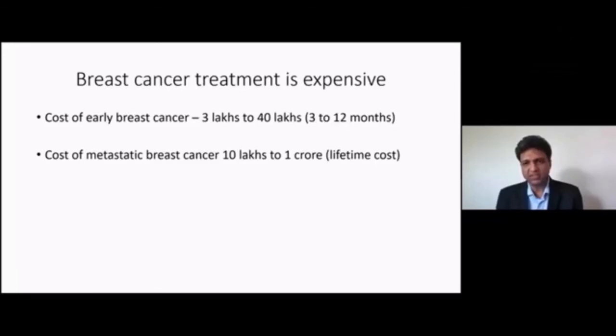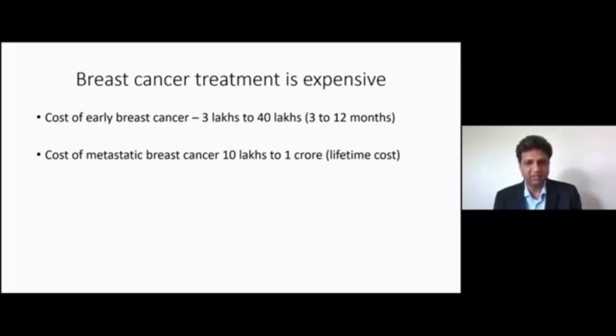When we talk about early breast cancer, certainly in the private sector, the cost of treating it, depending upon the type of breast cancer and the modalities required, can range anywhere between 3 to 40 lakhs over a duration of 3 to 12 months. And it is a significant expense. So we should not undermine the huge cost of treatment.